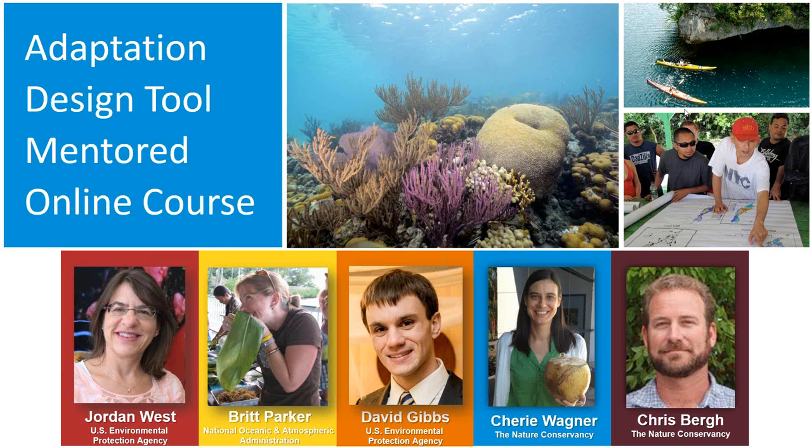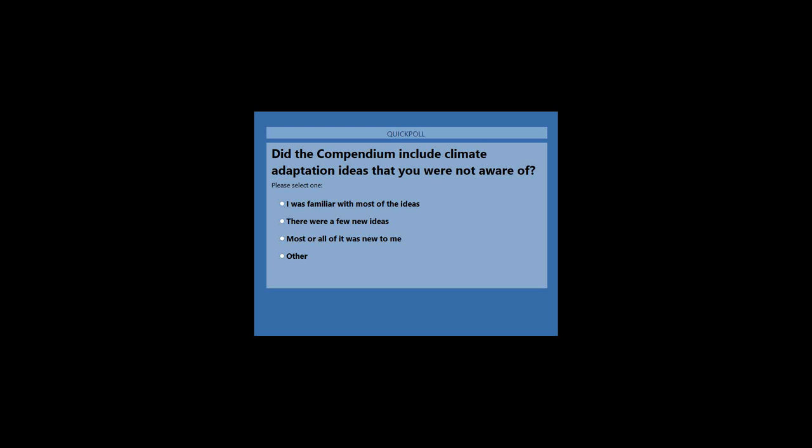So to get us started today, I wanted to ask you a few questions, launch a few polls. The first question is, if you remember from the first assignment, we had a compendium to review. Did the compendium include adaptation ideas that you are not aware of?